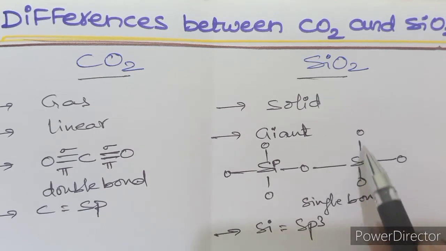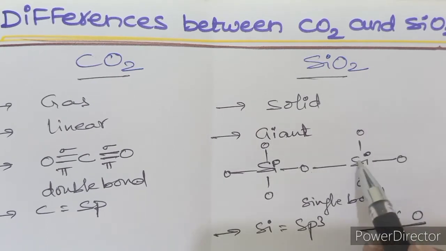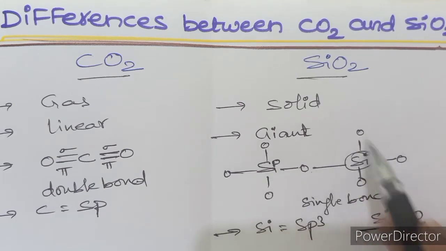Each silicon atom is surrounded by 4 oxygen atoms tetrahedrally.